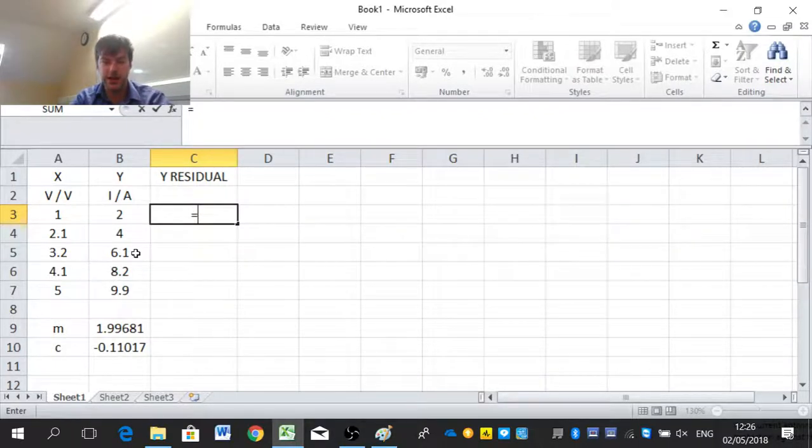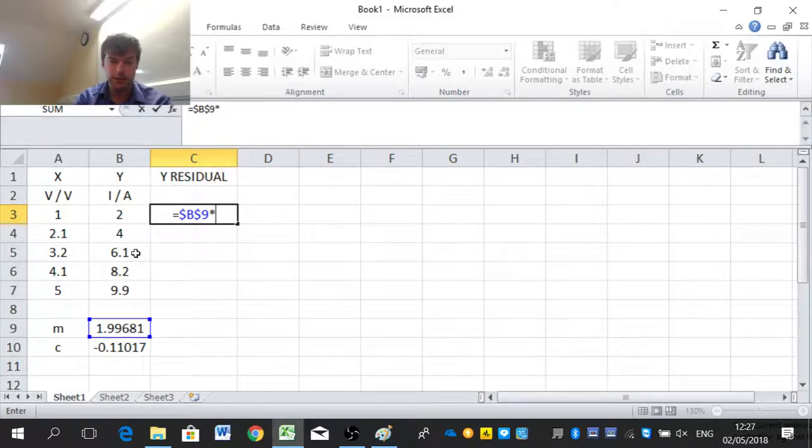So what I type in is $B$9. That means B9 constant. Then what do I multiply this by? Yeah, and what cell is that?